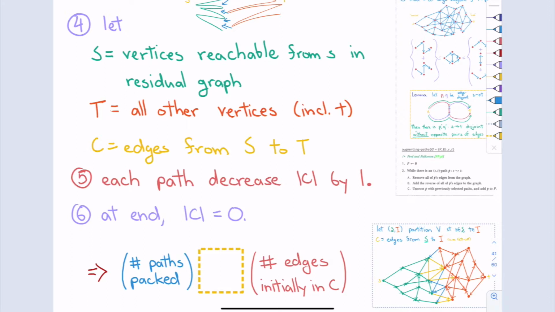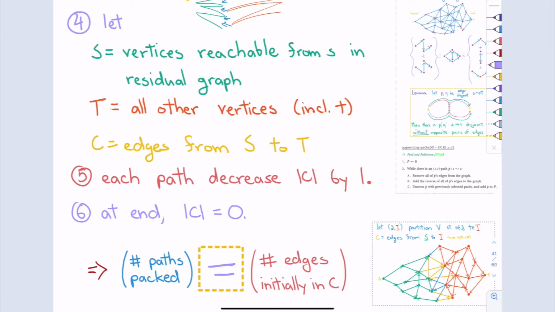It'll be equal, because each one loses 1 edge at a time, and at the end it's empty. Okay, so we have equality. And initially C was an S to T cut. So this cut and that vertex split that appears at the end of the algorithm gives a certificate in the original graph that we got the right answer.